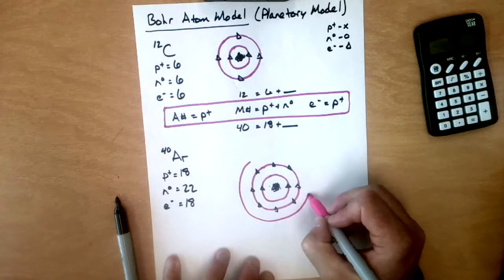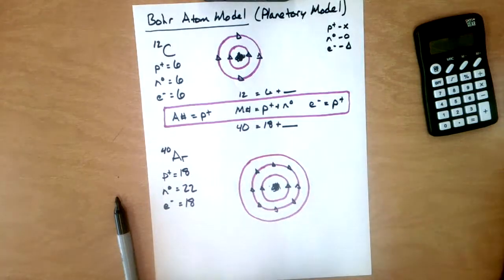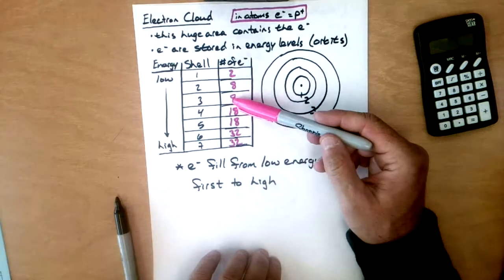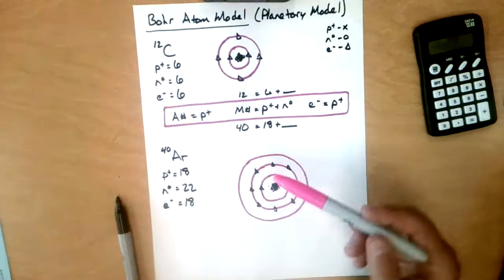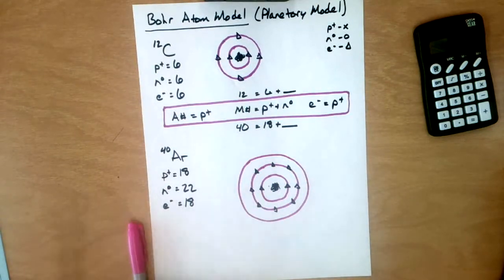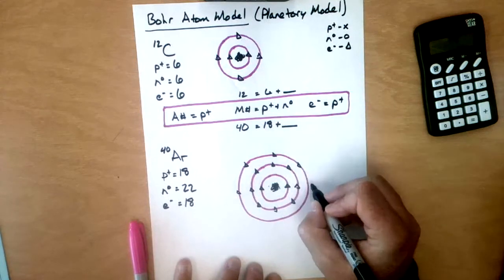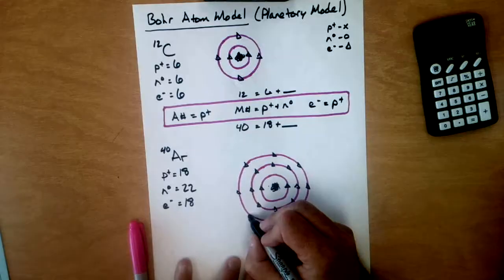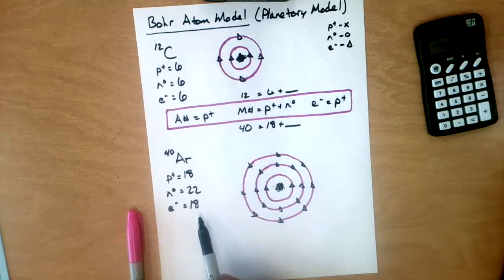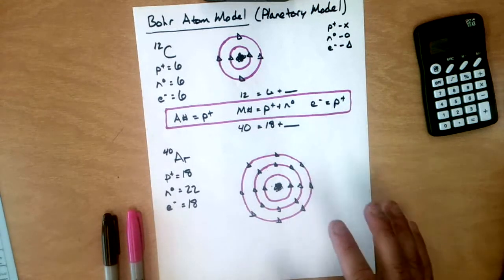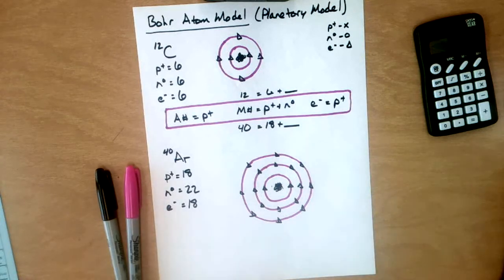Energy level 3. Let's see, how many did it hold? According to our notes, energy level 3 could hold 8. I've used 10 already. I need to use 8 more, so that's perfect. And we'll fill it up. If I happen to have one more electron, then I would have to draw another energy level. All right, so that's the electron cloud, and then this is putting the whole atom together, protons, neutrons, and electrons.